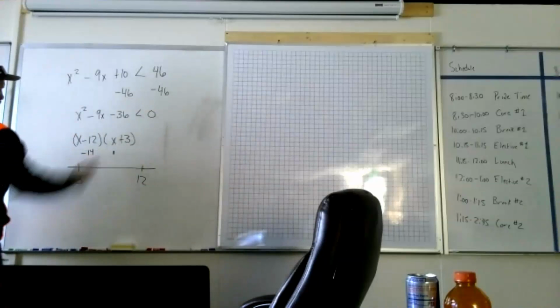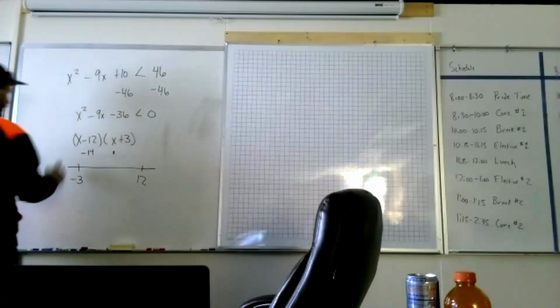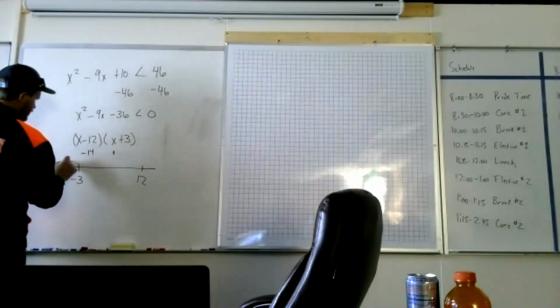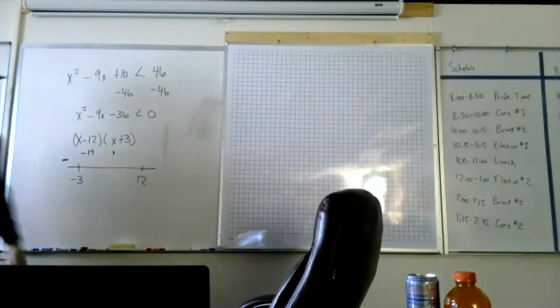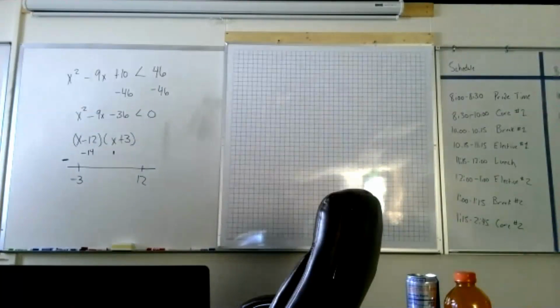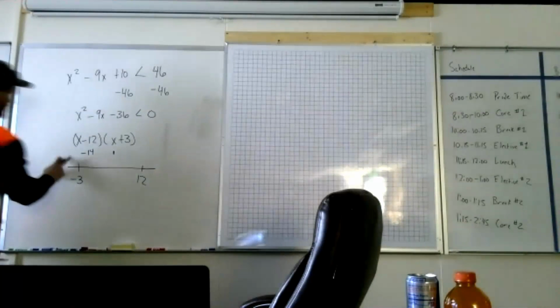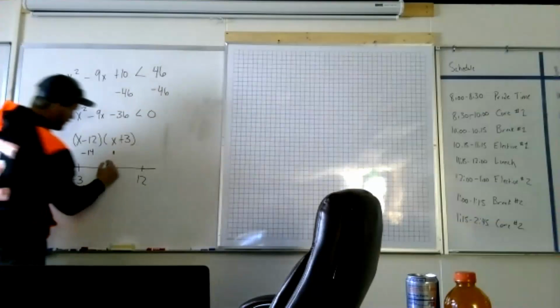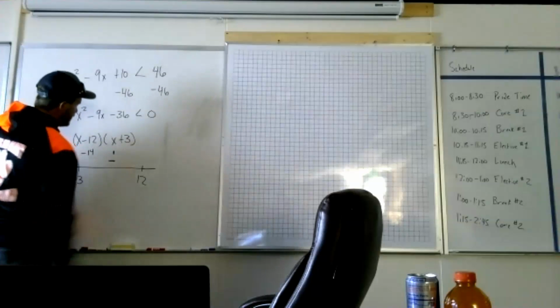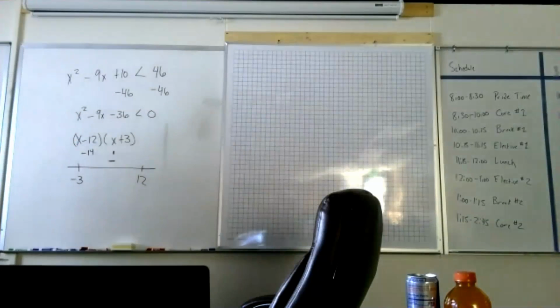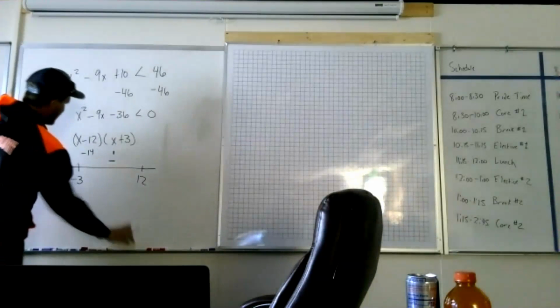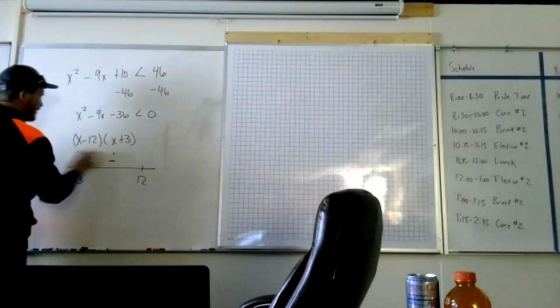Multiply those, that gives me a negative answer. Oh, duh. That's the interior. Negative 2 is in the middle. Helps if you remember your number lines. So negative 2 gives me the negative.